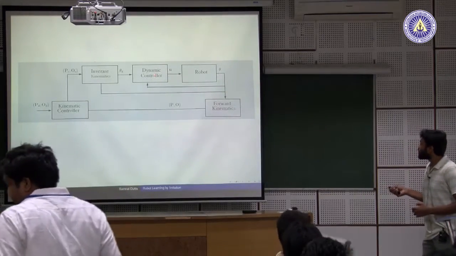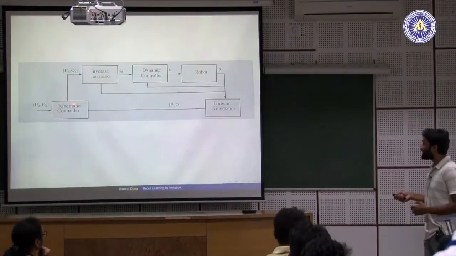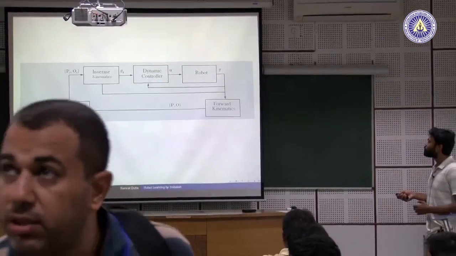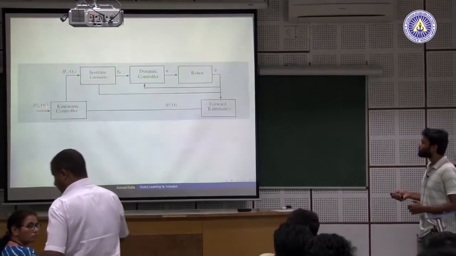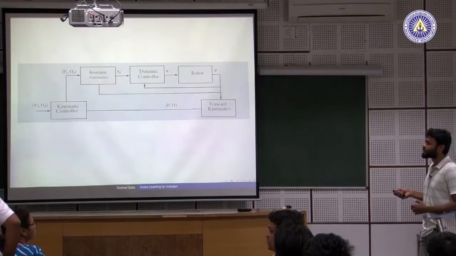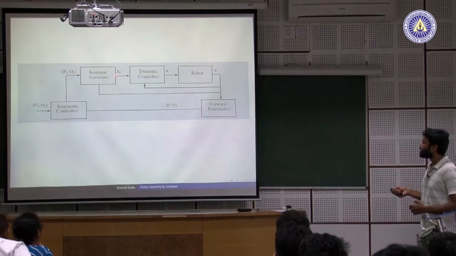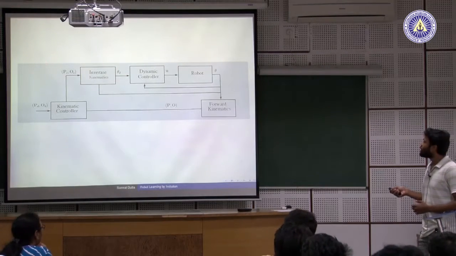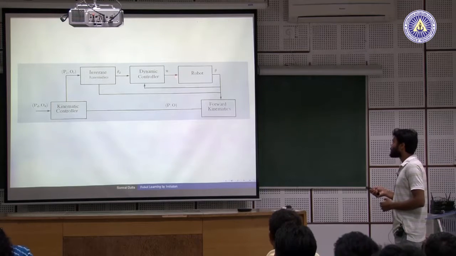Basically, we direct the robot in the Cartesian space where to go, and using that desired position or orientation command, we compute the inverse kinematics. Inverse kinematics gives the desired joint positions of the robot, which are fed to the controller, and the control input is generated.